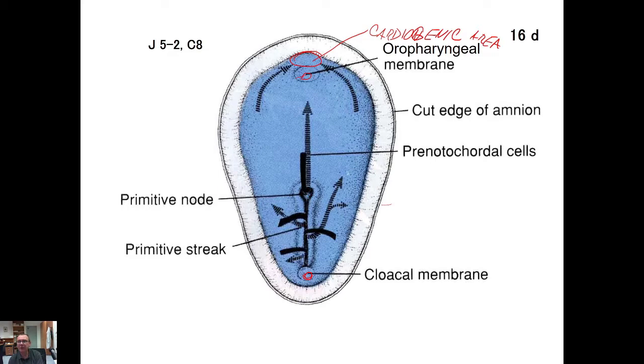And now, what happens in the area of the primitive node? The primitive node at the cranial end of the primitive streak is also invaginating. The primitive pit is forming here, and this primitive pit becomes deeper and deeper because the cells are still proliferating in the deepest parts of the pit, and these cells don't lose their cell adhesion molecules.